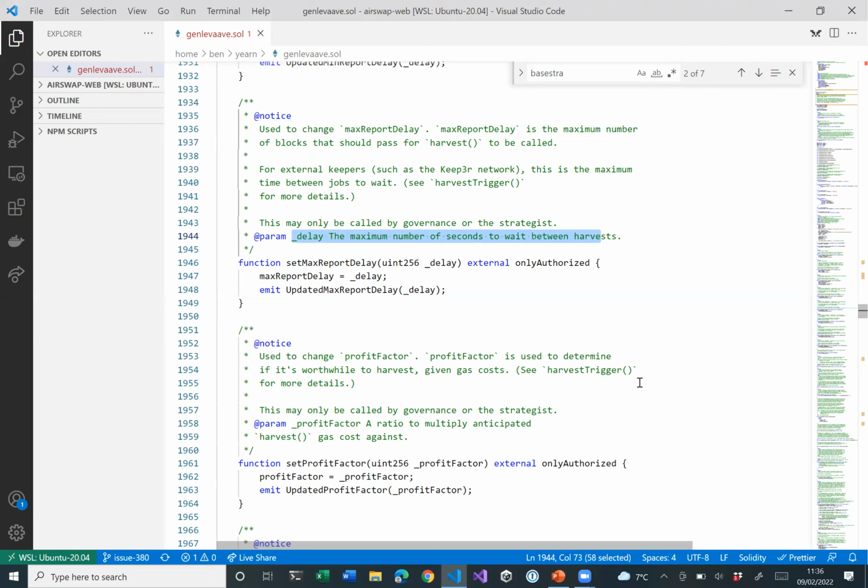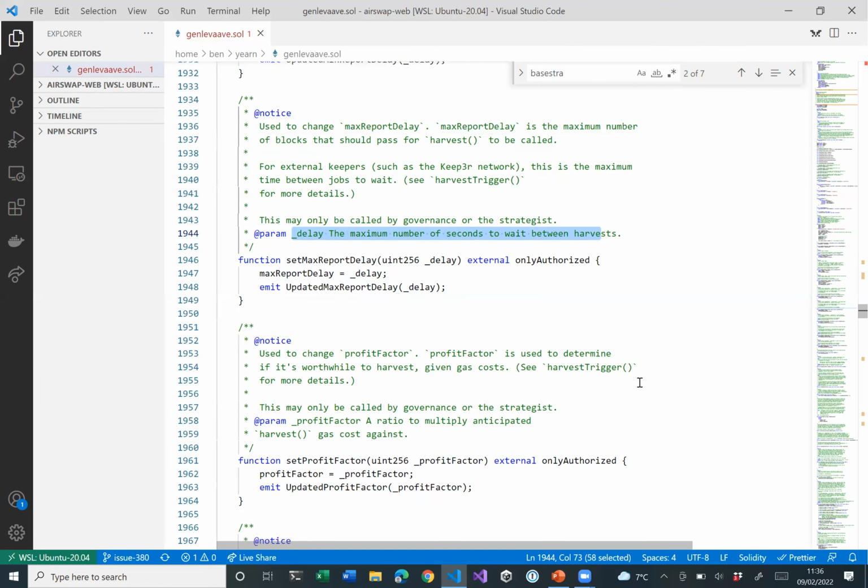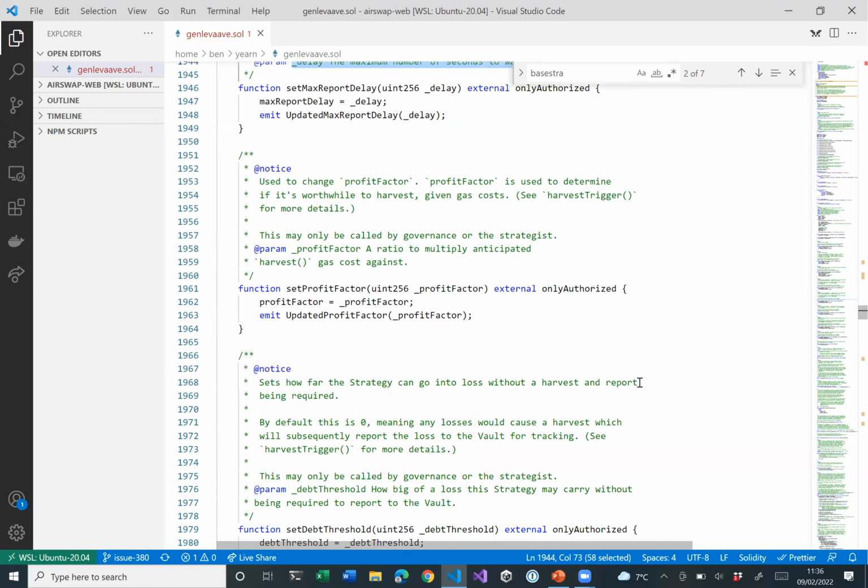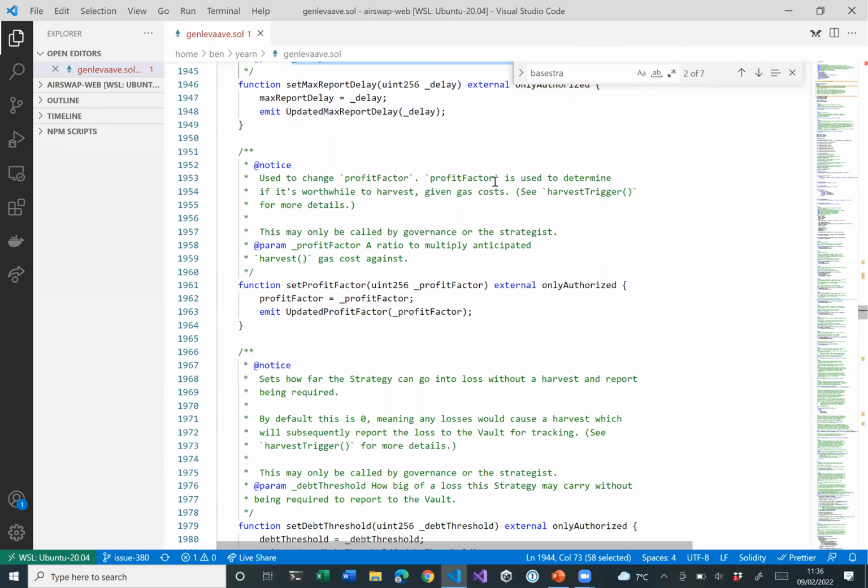I wonder sort of how often it's done, actually. I'm not totally sure. Is it done like every, I guess, once you've reached the threshold, because there are minimum thresholds, you wouldn't want to claim one DAI and pay a 100 DAI transaction fee. So I would have thought it was all done programmatically, but yeah, I don't know. Oh, here we are. Look, used to check profit factor. Profit factor is used to determine if it's worthwhile to harvest, given gas costs.